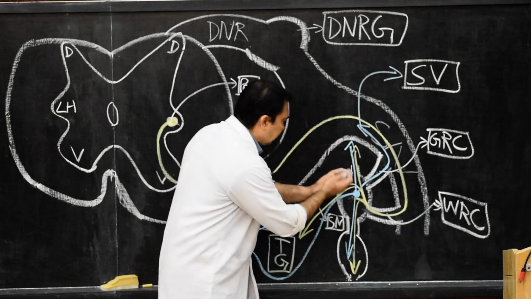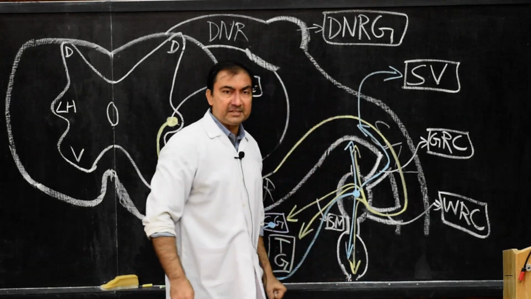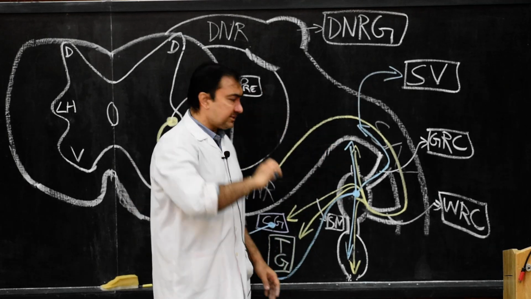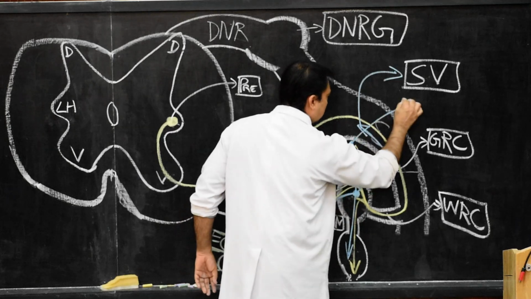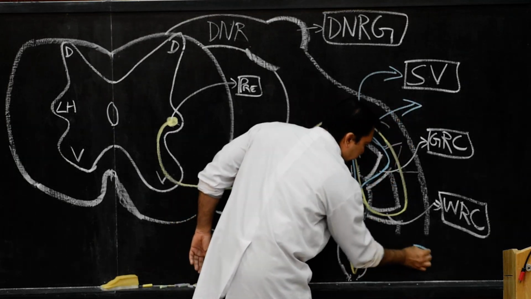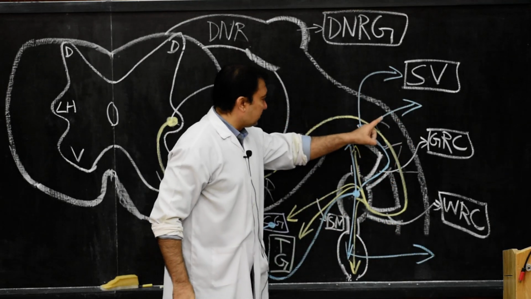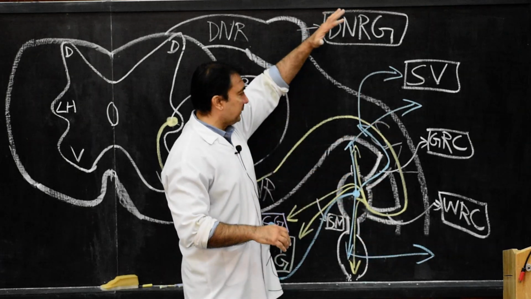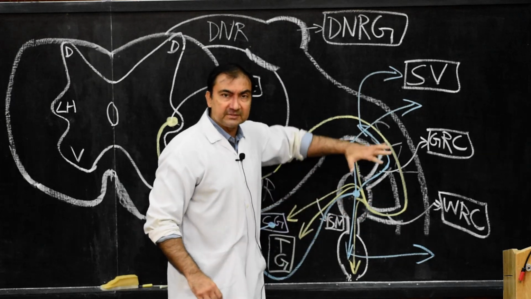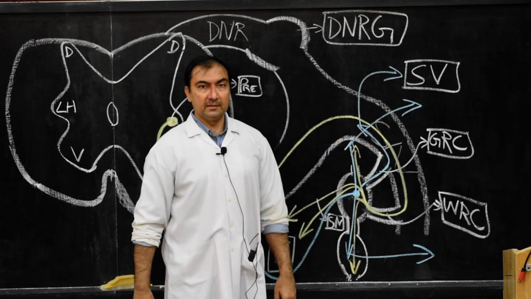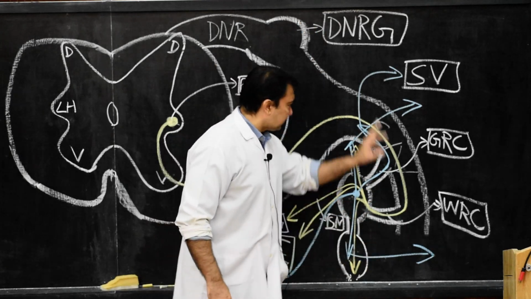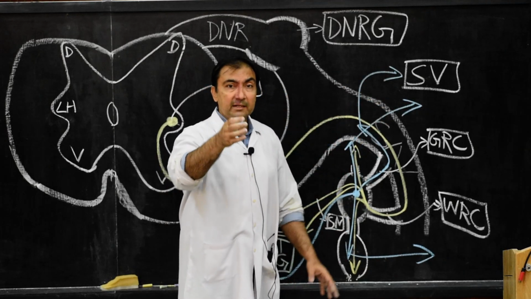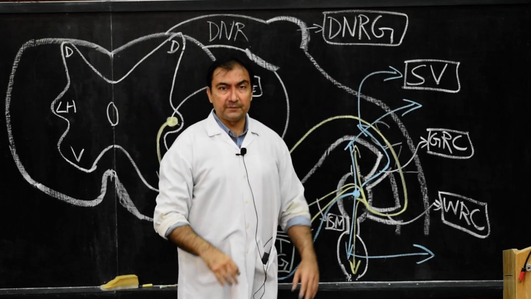And then as it ascends or descends across various levels, it will pass through the gray ramus communicans of various levels. These two arrows which I have drawn represent the gray ramus communicans across upper levels and lower levels, across the upper ganglia and lower ganglia. And passing through those gray ramus communicans, they will connect to the extreme places of the body.